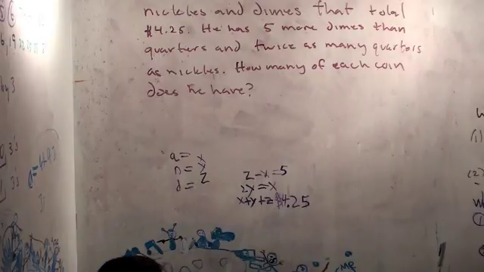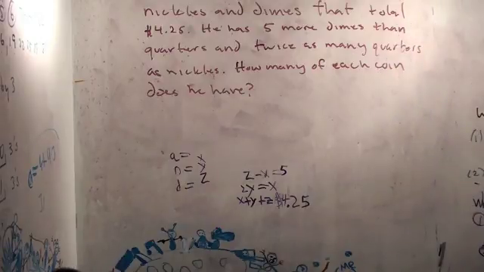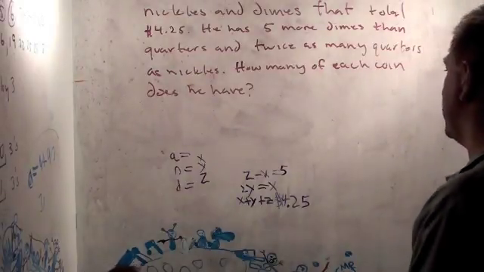So X plus Y plus Z equals $4.25. Now we can add all these equations together. Well, by the way, that's not quite right. X plus Y plus Z does not equal $4.25. Why is that? X is the number of quarters.